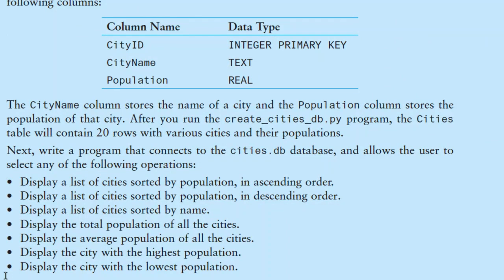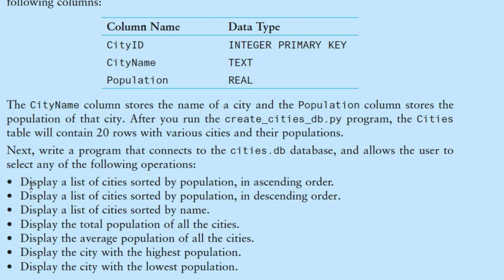In your programming problem here, you see a list of the operations that the program should be able to do. And when the program runs, it's simply going to display a list of these operations, and it will allow the user to pick one of these, and then it will perform that operation. We generally refer to this as a menu. You're going to display a menu of operations that the user can choose from.